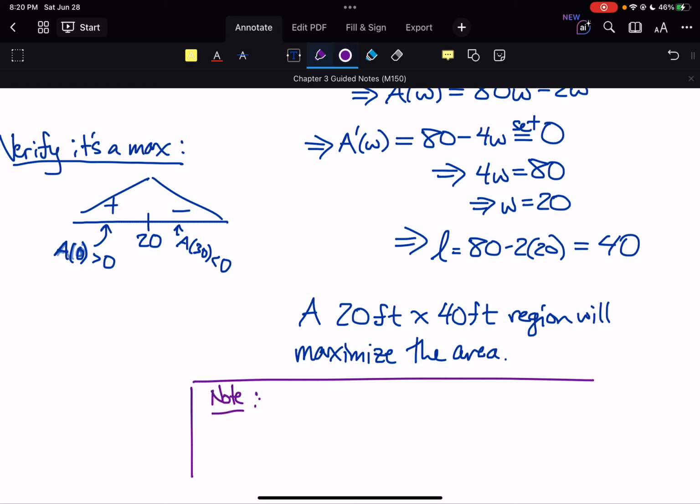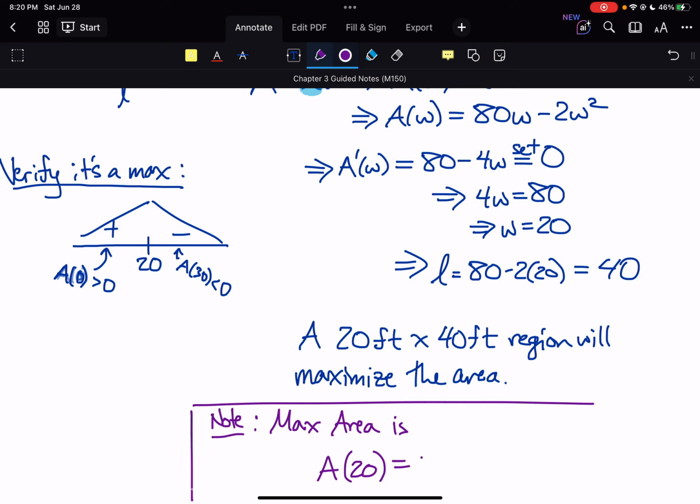Note the max area is A of 20. So we plug in the W. So that's 80 times 20 minus 2 times 20 squared. That's 800 square feet.